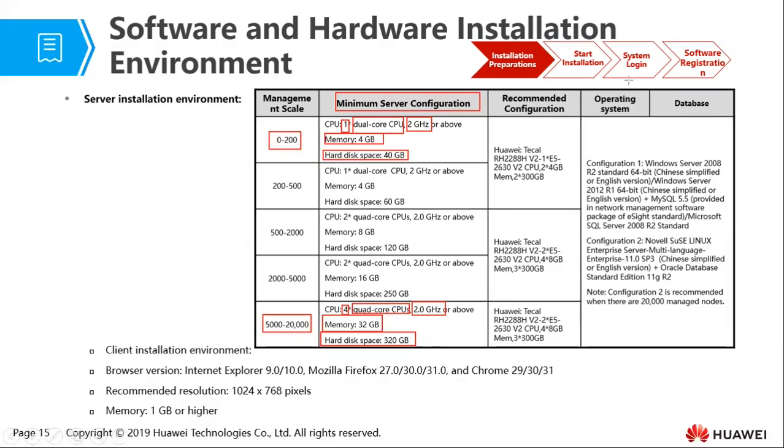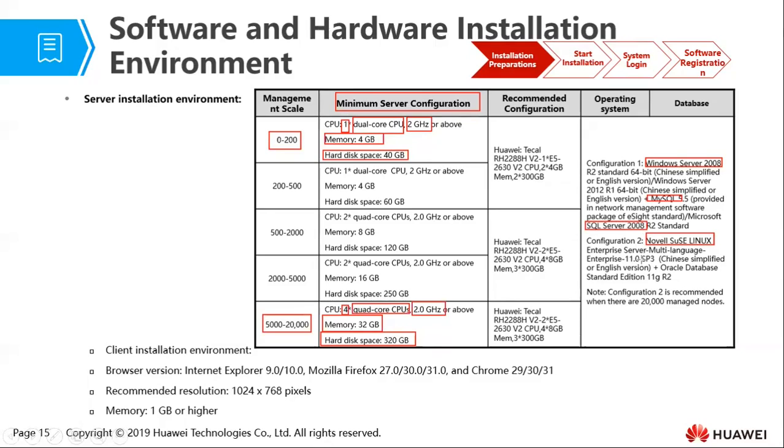Okay, so on the operating system and the database, as we said, you can use Windows Server, for example Windows Server 2008, or you can use what we call Novell SUSE Linux. When you're using Windows Server, for the database, you can use MySQL or the Microsoft SQL Server.